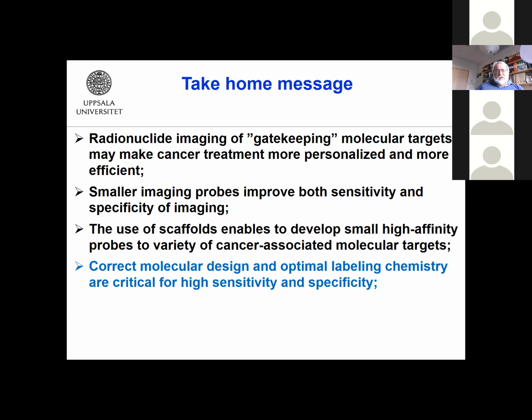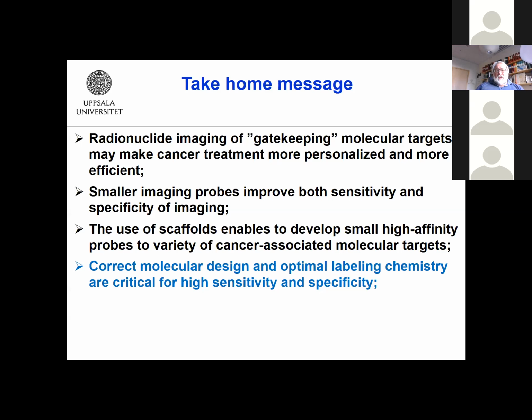The use of scaffolds enables us to develop small high-affinity probes to a variety of cancer-associated molecular targets. We're working with 8 different targets now, so it's possible.